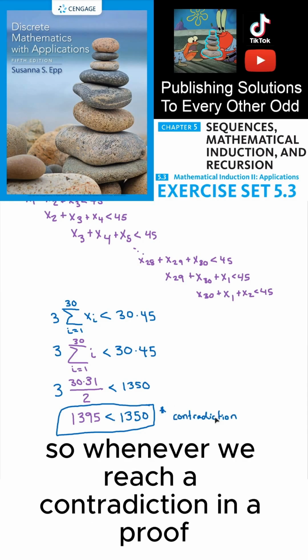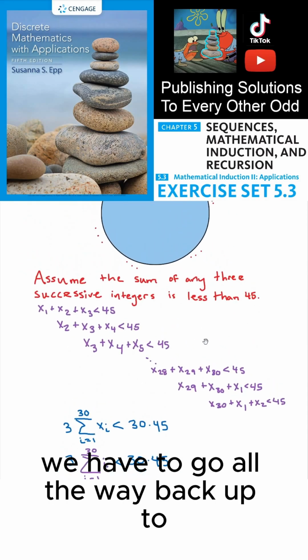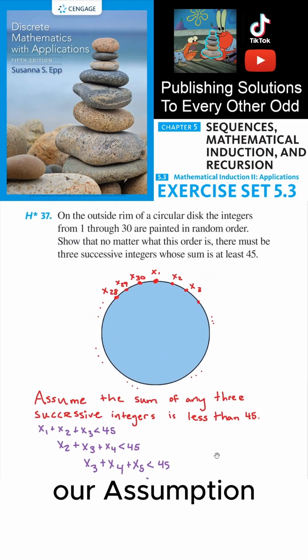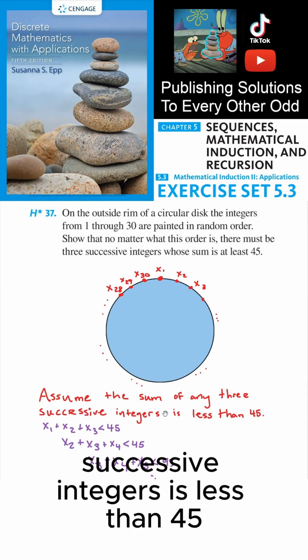Whenever we reach a contradiction in a proof by contradiction, we have to go all the way back up to our assumption. That means our assumption must be false: that the sum of any 3 successive integers is less than 45 is false.